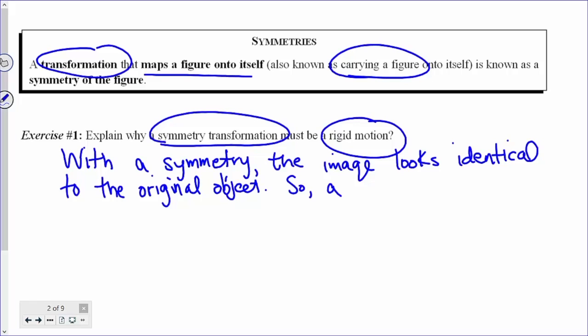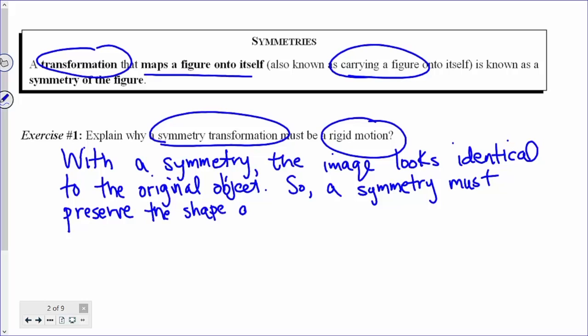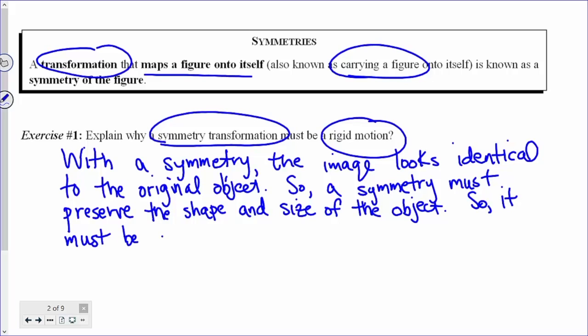So, a symmetry must preserve the shape and size of the object. So, it must be a rigid motion.